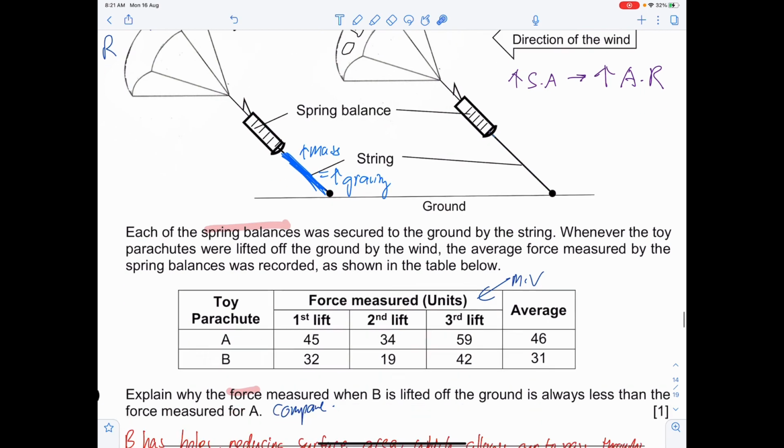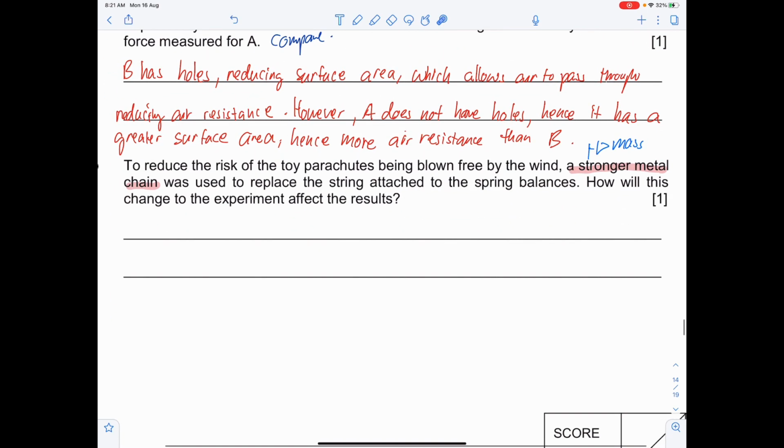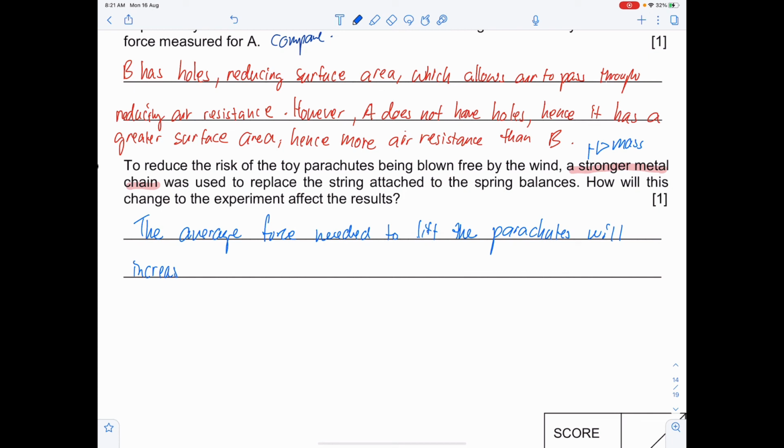You're going to need more force to lift it up. That's the same basic theory. So the average force needed to lift the parachute will increase. Okay? So this is a prediction question.